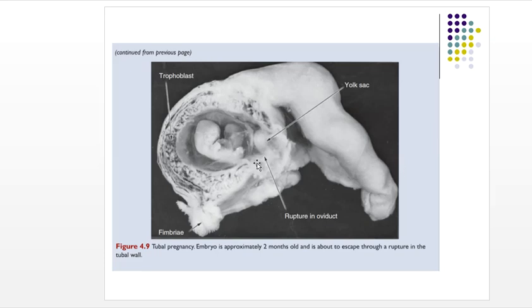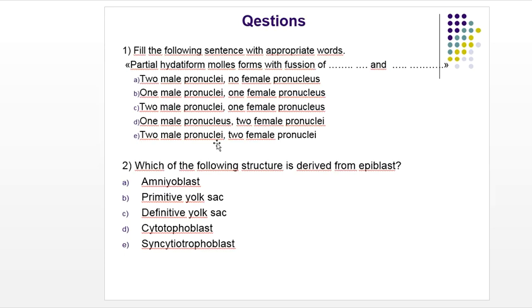Here you can see an ectopic pregnancy in the uterine tube, with the real embryo. And finally, here you can see two questions for more review, please answer these questions. This is like my final exam questions.